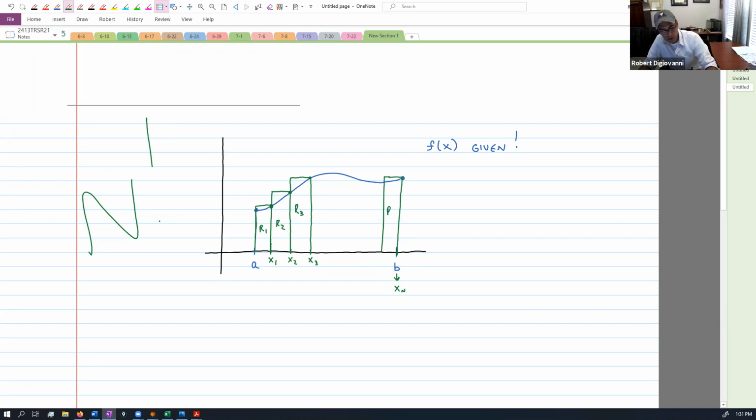This is R sub n. Also, I'll point this out, even though we don't necessarily need this: our first point, A, I'm going to call that x sub 0. Okay. Any questions on the drawing?